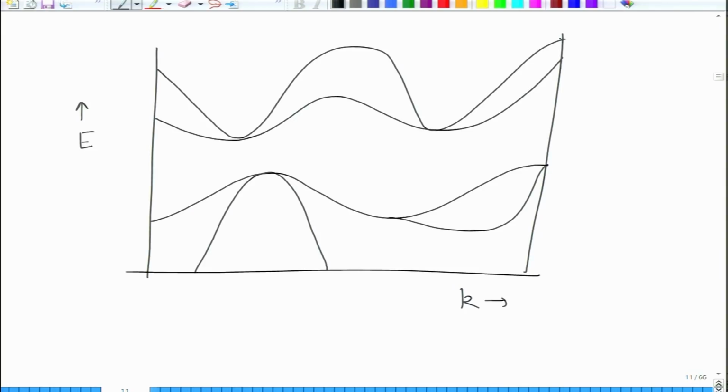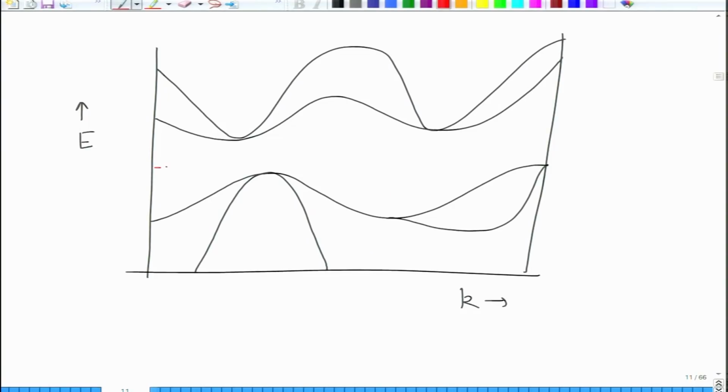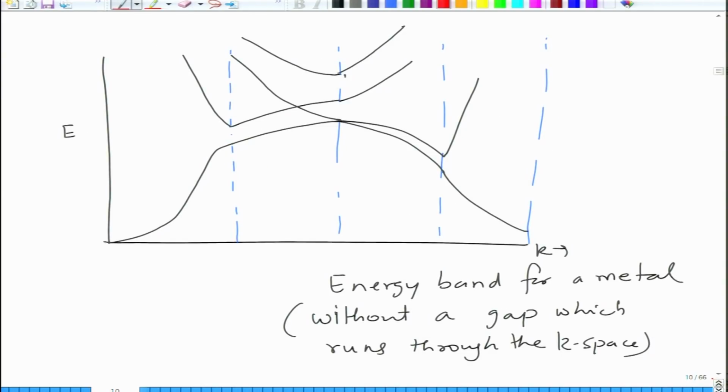So, now here what you see is that there is one region in which energy states are continuous, there is another region in which energy states are connected to each other, but there is one region where there is no energy state at all. So, you can see that if I just connect this region, within this region I have no energy state. If you compare this with the previous figure, in the previous figure you had no such gap.